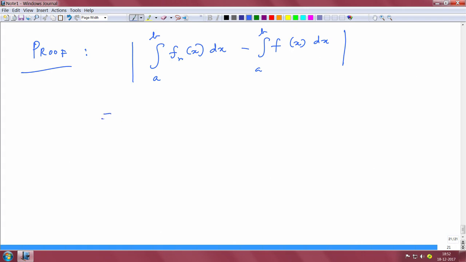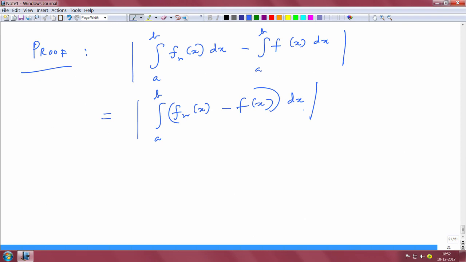So this is basically the absolute value of the integral of fn of x minus f of x dx.